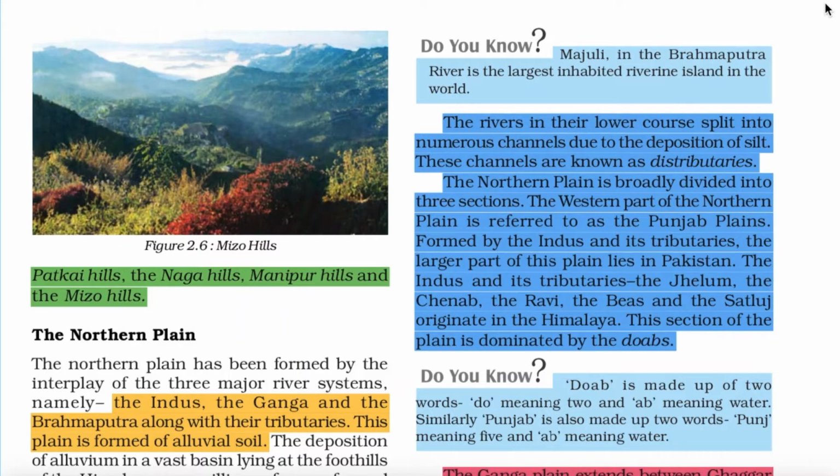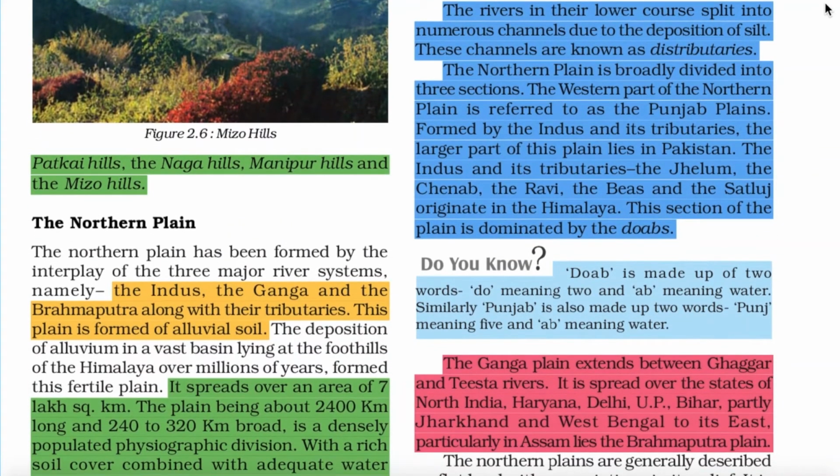This section of the plain is dominated by the Doabs. Do you know? Doab is made up of two words, Do meaning two and Ab meaning water. Similarly, Punjab is also made up of two words, Panj meaning five and Ab meaning water.